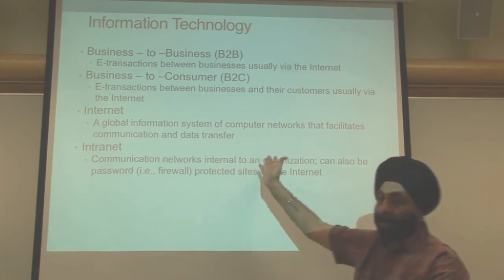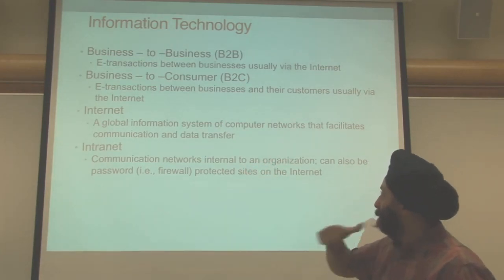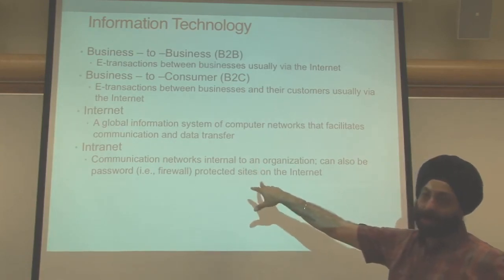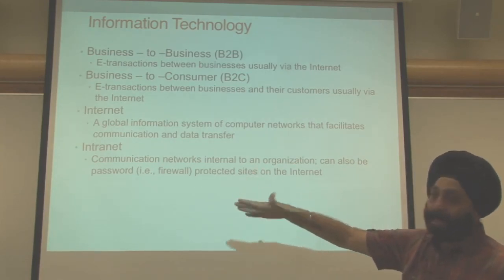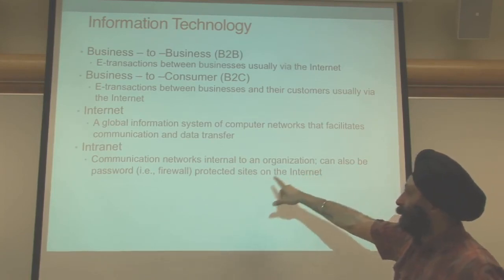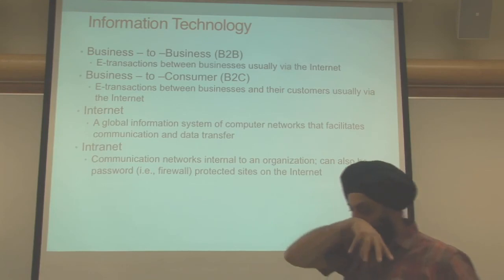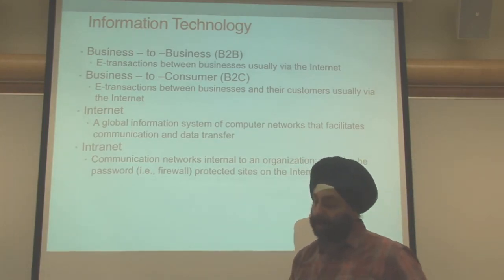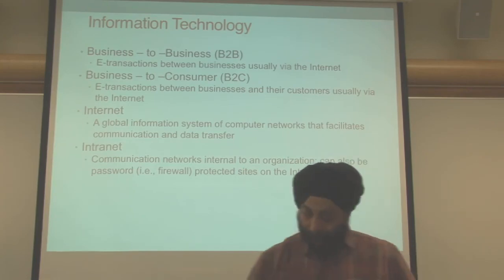Internet, we all know what the Internet offers in terms of facilitating communication and data transfer throughout the world. But intranet is within the company, a communication network internal to an organization, which is protected by a firewall, so only internal employees can have access to that.